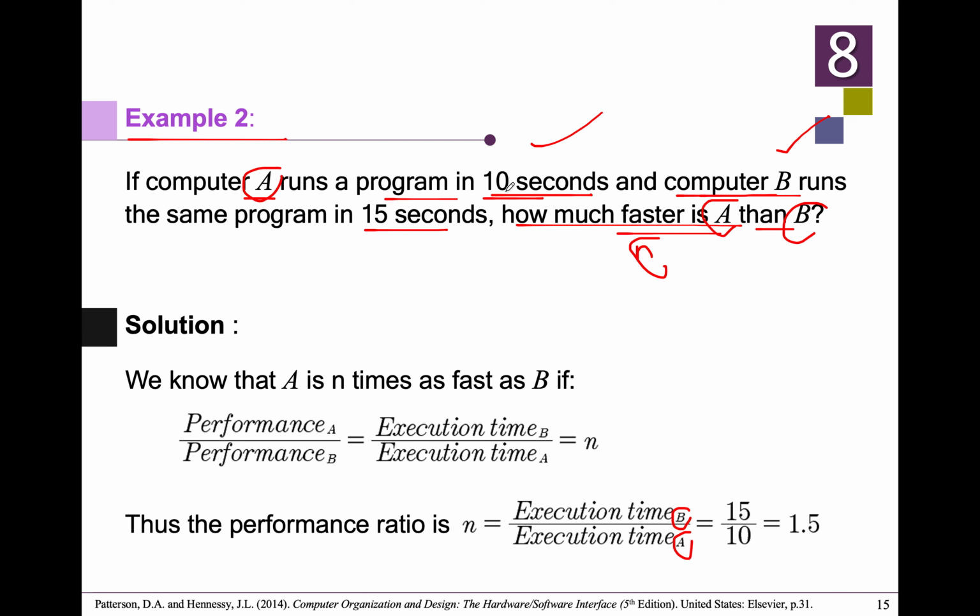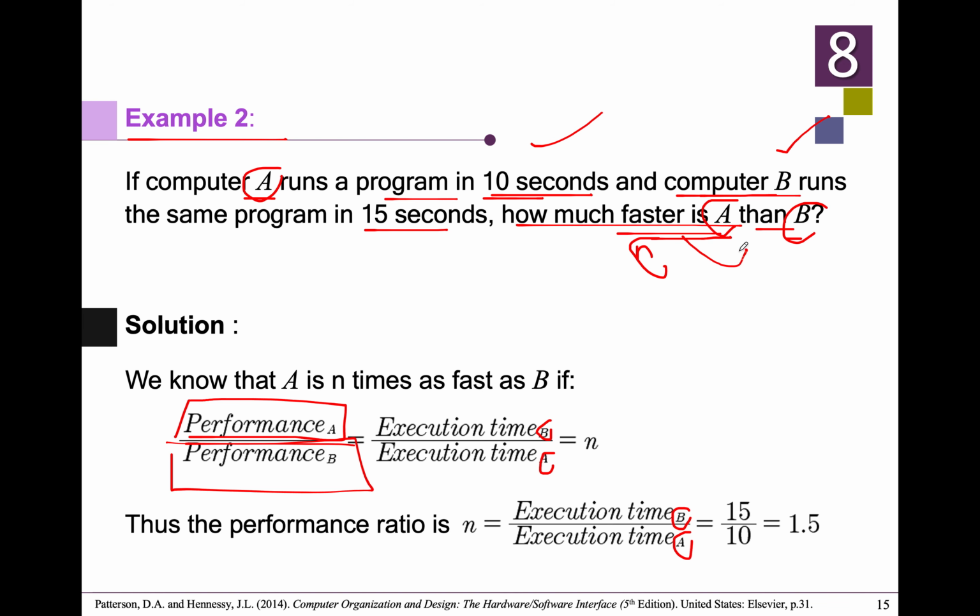So you want to compare how much faster A is compared to B, because you want to check the performance of A compared to B. That's why you need to key in the value of execution time for B up here, and then you compare with the execution time of B below here.